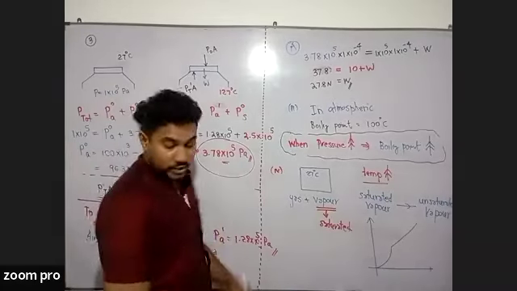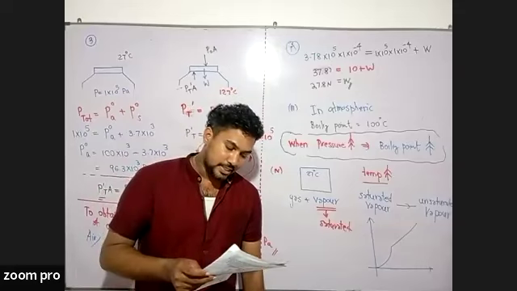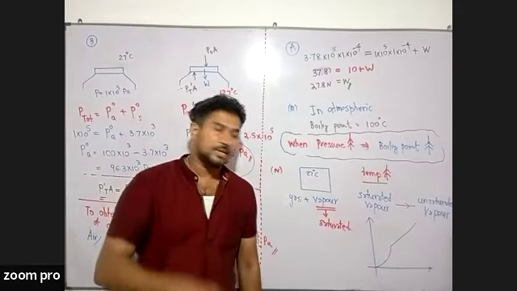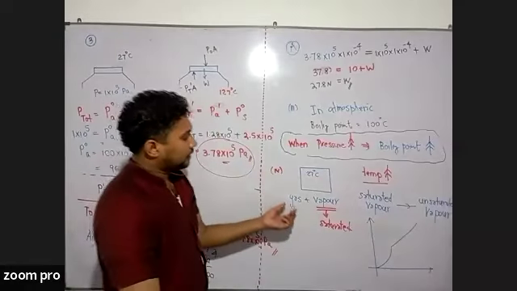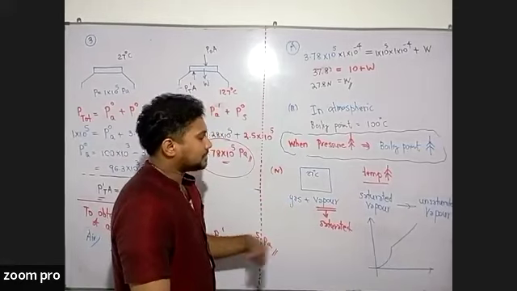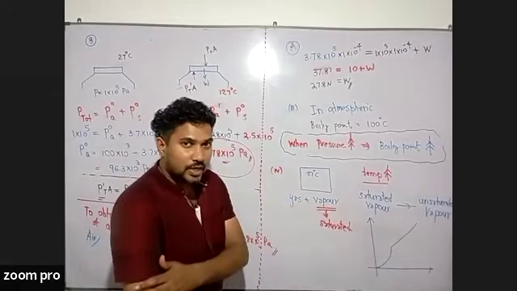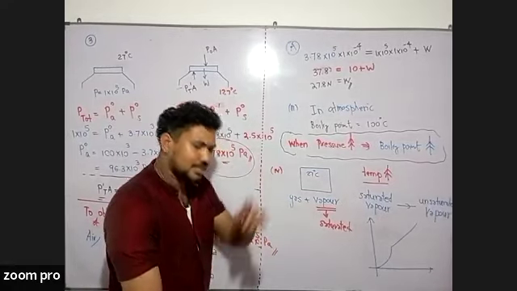So the question is asking what is the pressure at 127 Celsius. Keep in mind that we can directly apply the gas equation for gases, but we can't apply the gas law for saturated vapors.